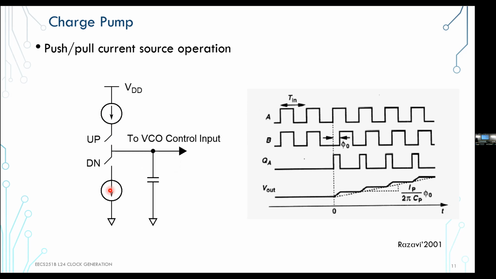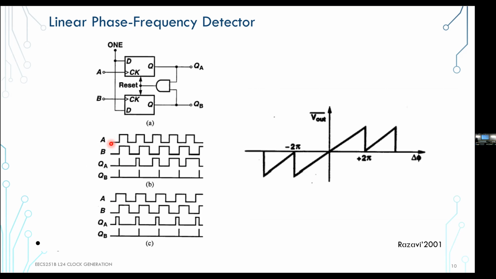What you do is you have two current sources. Ideally, they're matched, so they're both the same current I. Based on these signals, one signal will say, increase the phase or frequency in one direction. The other signal will say decrease, right?